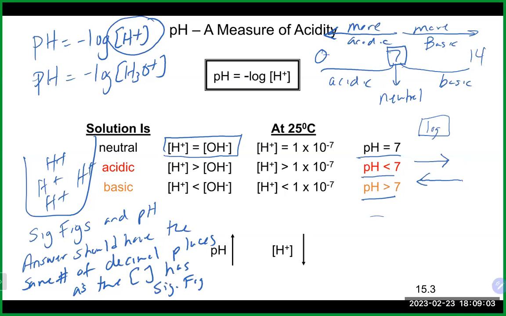So when you calculate something like a pH from the concentration value, when you're done with your pH value, you should have the same number of decimal places as the concentration value had for significant figures, and vice versa.